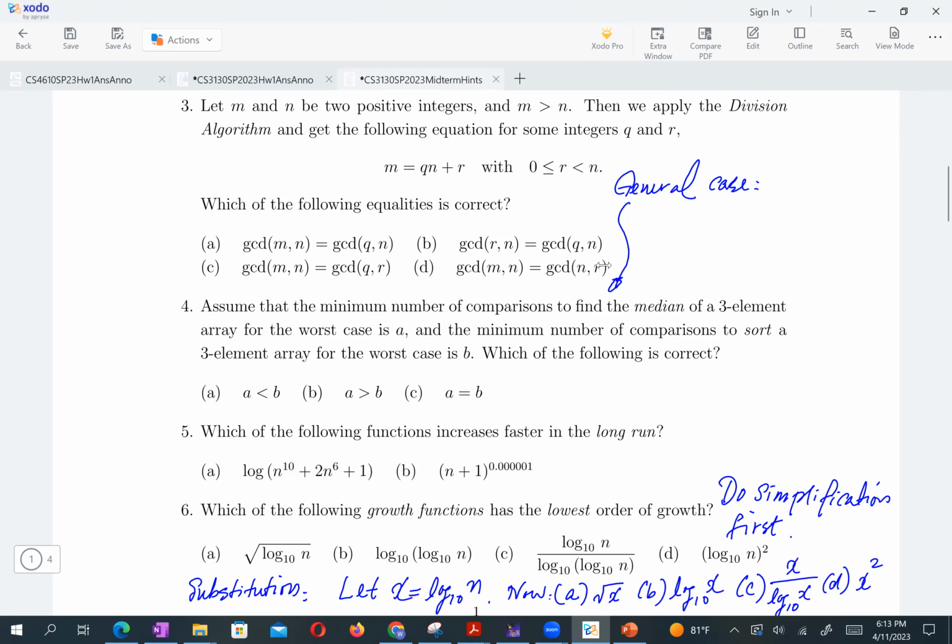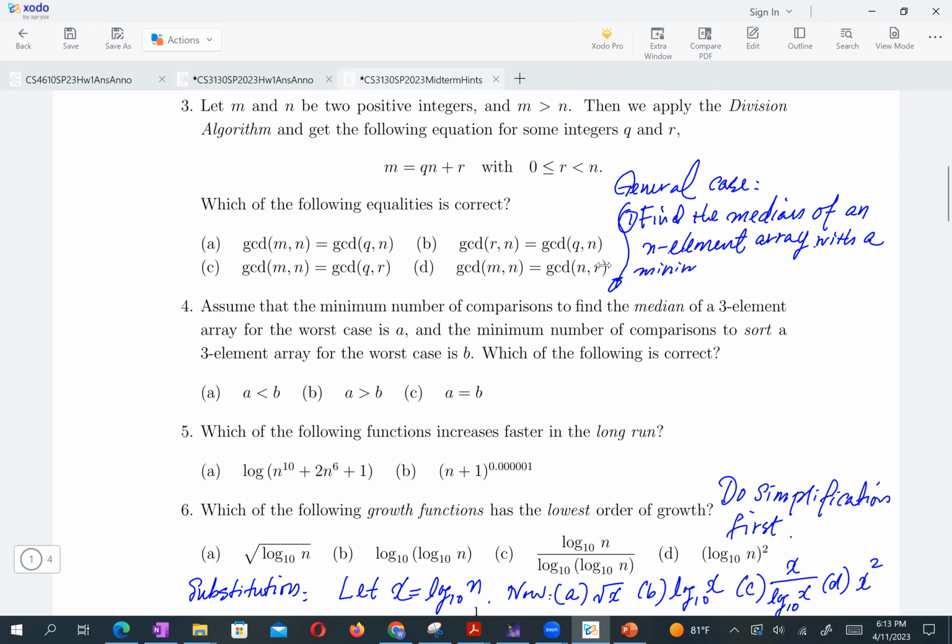One is to find the median of an n-element array with A minimum number of comparisons.